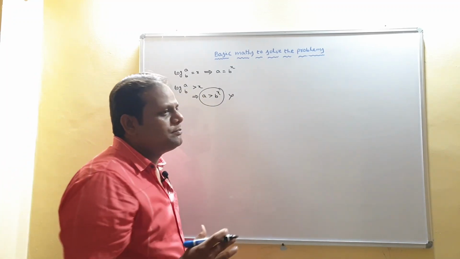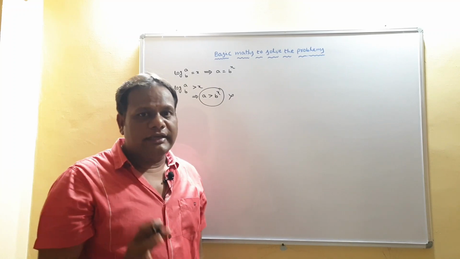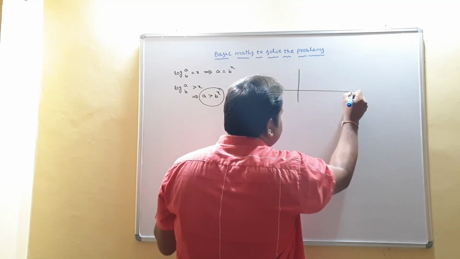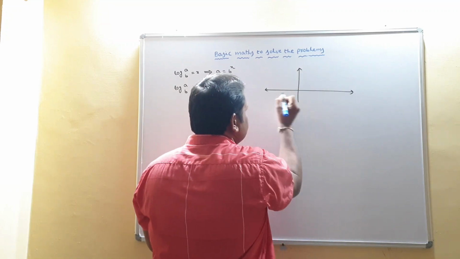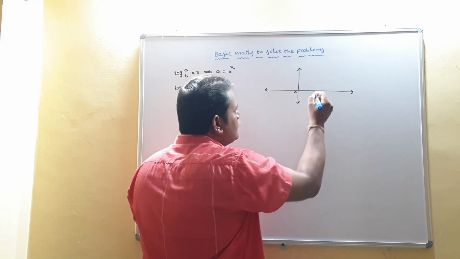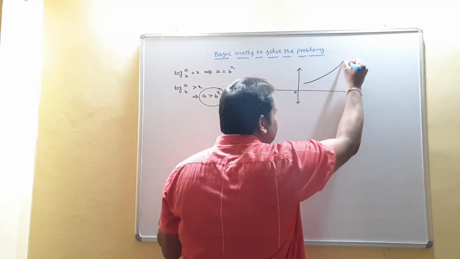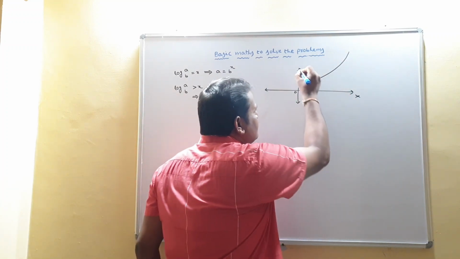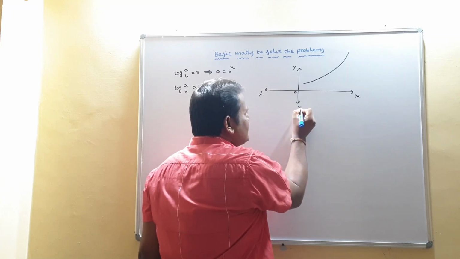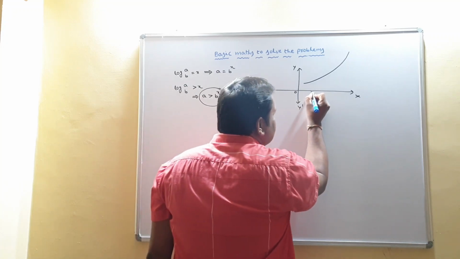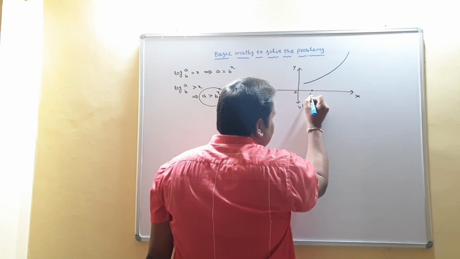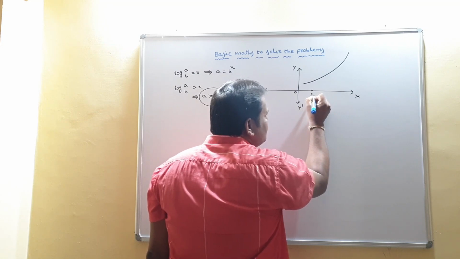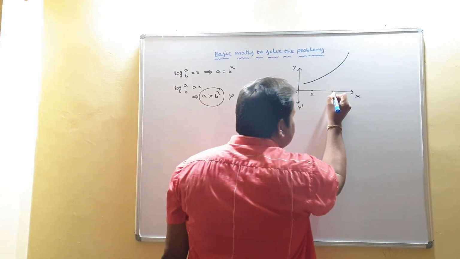Here we have the concept of increasing and decreasing functions. Listen carefully. Suppose a curve is like this. Once you observe the curve, is it an increasing function? Yes, it is an increasing function. Suppose I am taking this as x1, or for understanding, suppose this is 2, and this is 10.